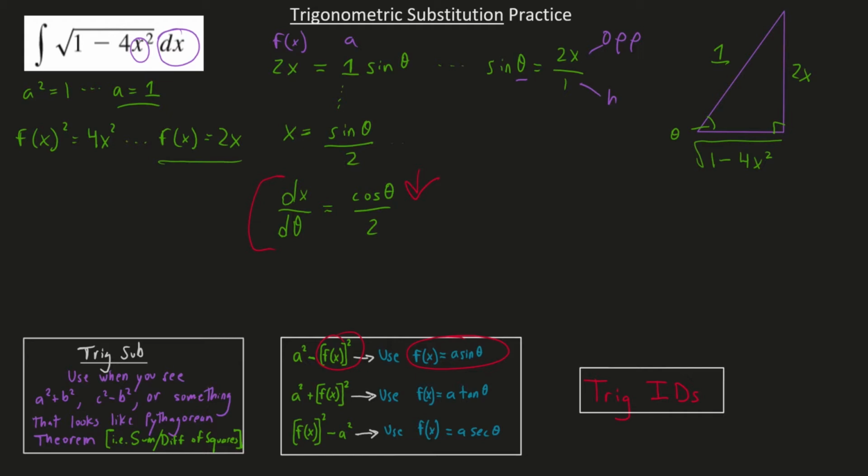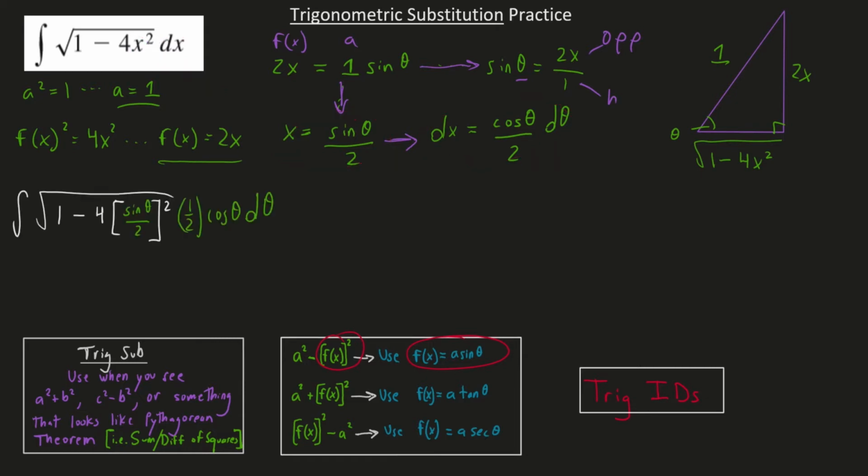So I can get my dx by itself, which I know I want because I want to get this dx out of here. So now I have dx by itself, I have x by itself, and I can just plug these into this equation to get my x's out and thetas in. So I do that. Here's what used to be my x, and here's what used to be my dx.